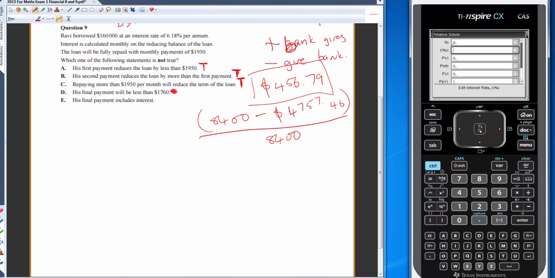We do have an interest rate, 6.18% per annum. The present value, the amount the bank gave us, was $160,000. My payments that I gave the bank were $1,950. I'm going to fully repay the loan, and it compounds monthly, so 12 and 12.